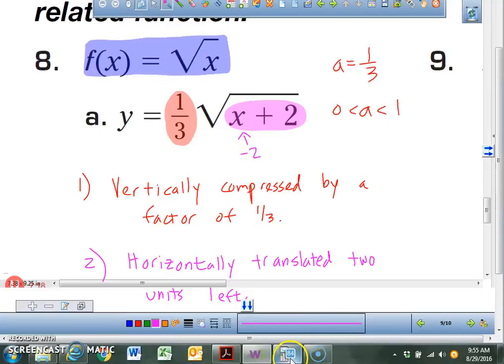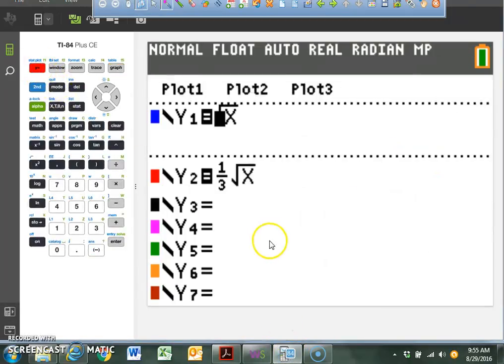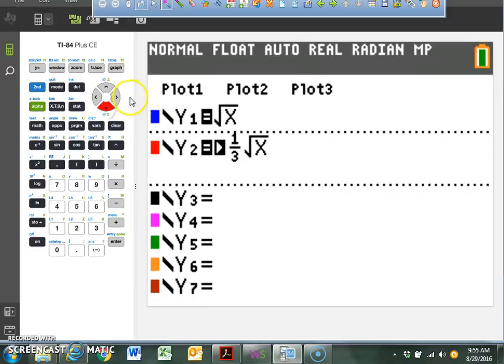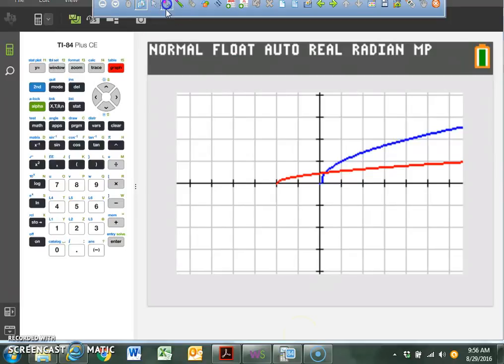So go to your graphing calculator. Hit the y equals button. Go down to your second graph and go inside the radical, and type in a plus 2. And now let's see if it moves 2 units to the left. It does.